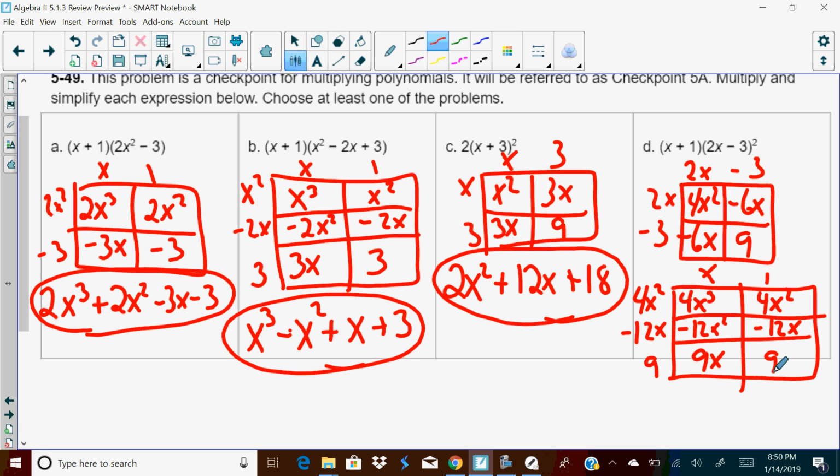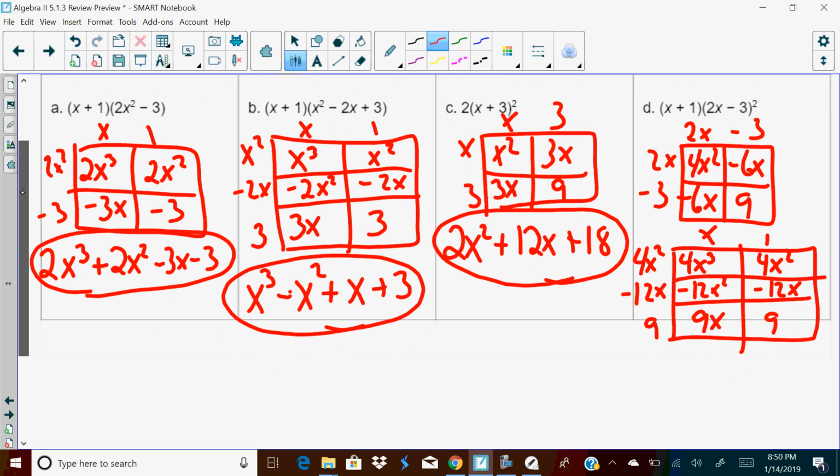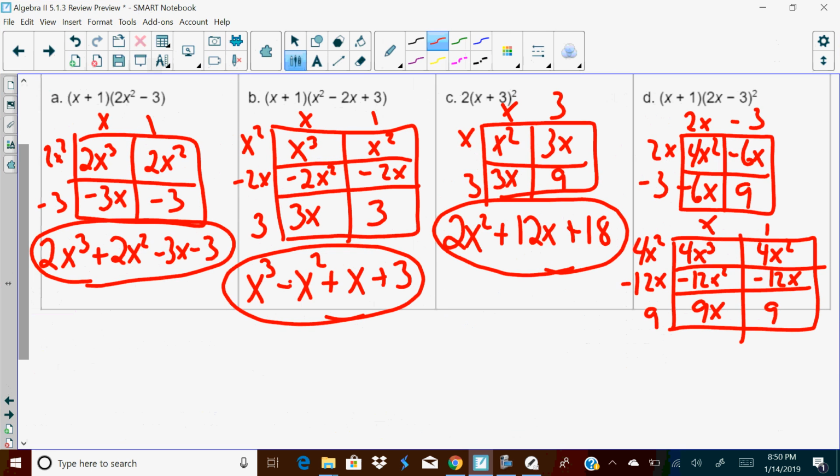So my final answer is going to be the 4x cubed can't be combined with anything, but 4x squared and negative 12x squared is going to give me a negative 8x squared. Negative 12x and 9x is going to be a negative 3x plus 9.